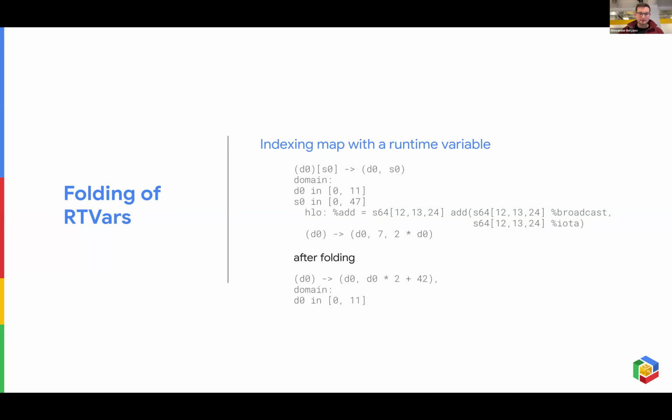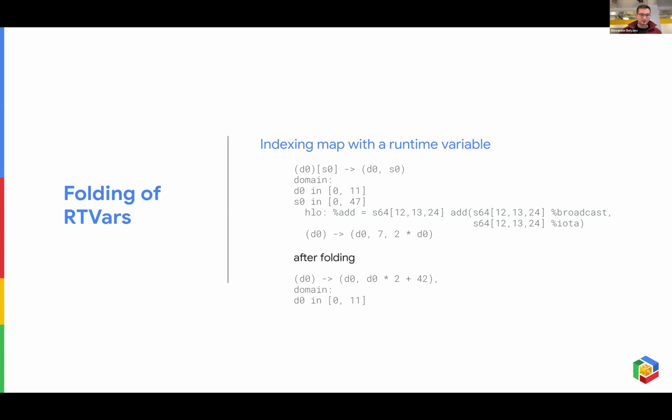There would be an easier example if you have, let's say, dynamic update slice. In XLA, you don't have a static equivalent of that. Dynamic update slice always takes an offset where you insert, but that offset can be just a constant. It can be an HLO constant that produces this offset. And it would be very nice to just use the constant value instead of some runtime variable in the indexing map that you compute.